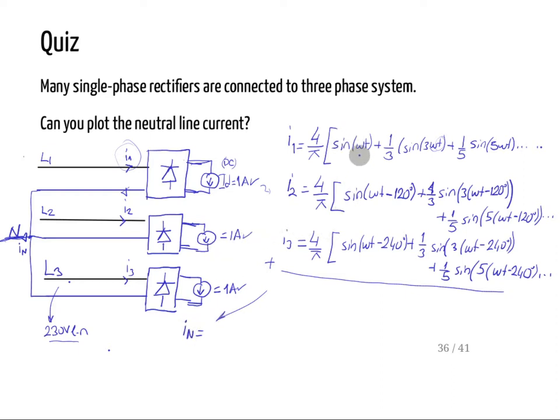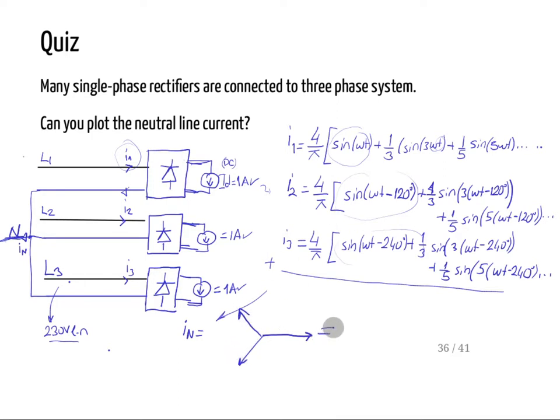So what happens for the first component? So I have omega t minus 120 degrees, omega t minus 220 degrees. If you remember the phasors, that is equal to adding 3 vectors like that. So this is sine omega t, one of them is 120 degrees, the other one is minus 240 degrees.